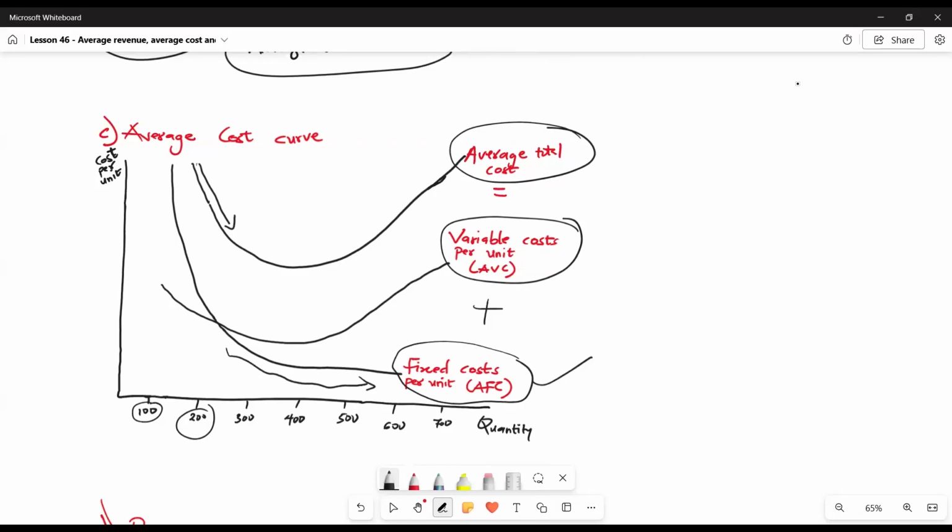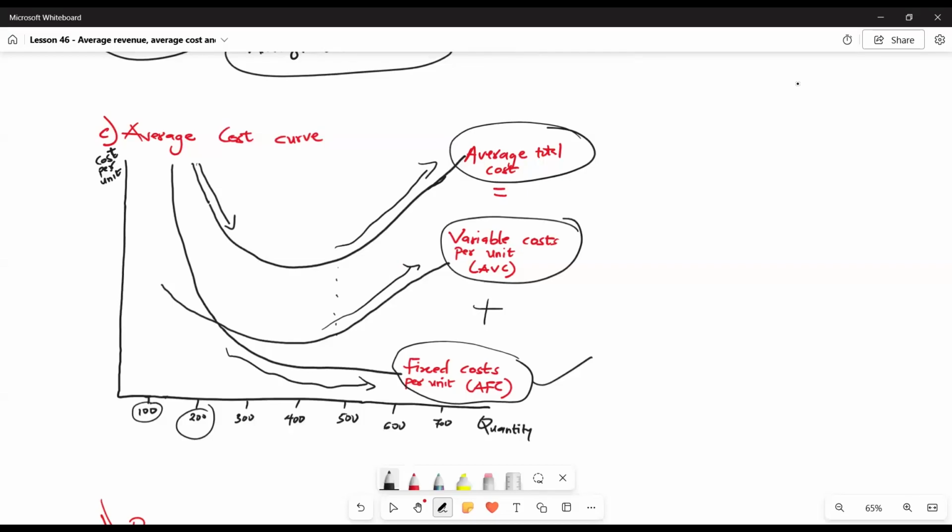So eventually, variable costs start to rise with higher levels of production, and this can lead your average cost curve to rise. So this is represented by this area of our average total cost. And you can see that if you map it to the variable cost, this is also representing an increase as you increase production.